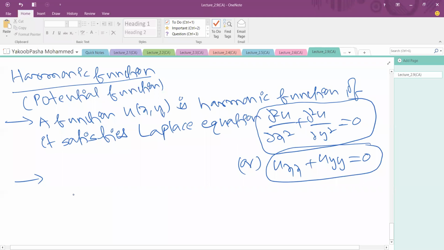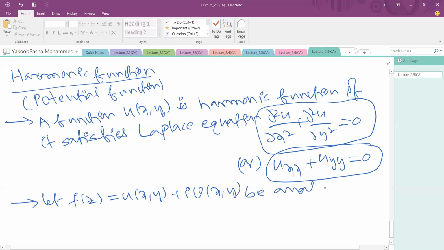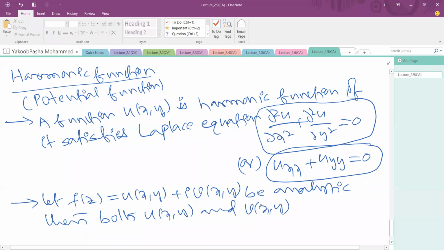Okay. Whenever the function f of z is equal to u of x comma y plus i into v of x comma y, be an analytic function, then both u of x comma y and v of x comma y, both u and v are harmonic functions.